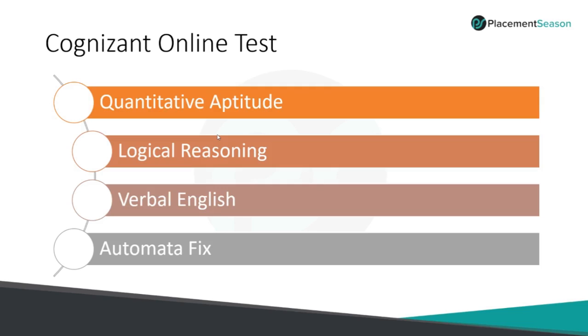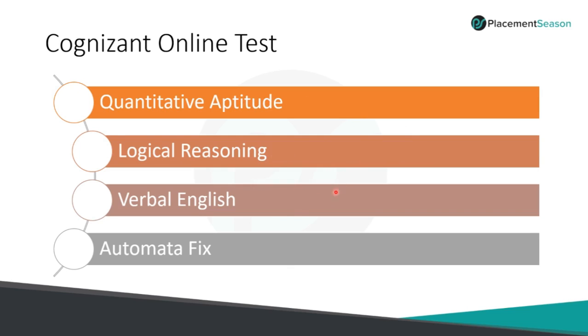Moving on. The Cognizant online test consists of 4 sections: Quantitative Aptitude, Logical Reasoning, Verbal English, and Automata Fix. Among these 4 sections, only the first 3 were available until a year back, which is before 2018.